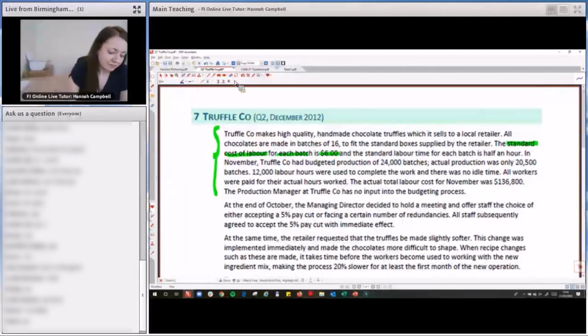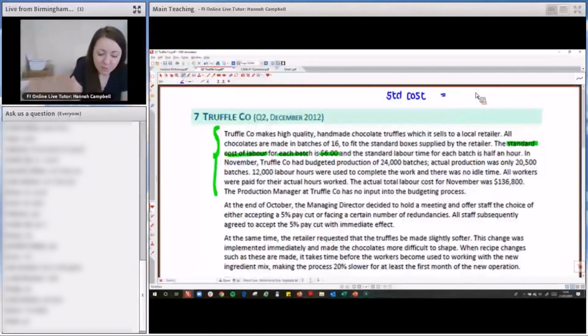Now, when we talk about standard cost, we're not talking about quantity. We're not talking about price, we're talking about cost, which is made up of quantity and price.